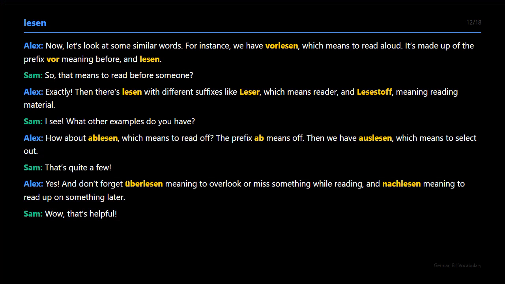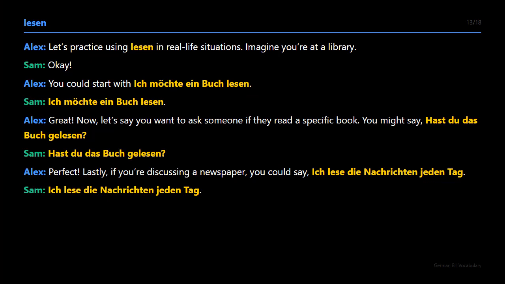Wow, that's helpful. Let's practice using lesen in real-life situations. Imagine you're at a library. Okay. You could start with, ich möchte ein Buch lesen. Great.